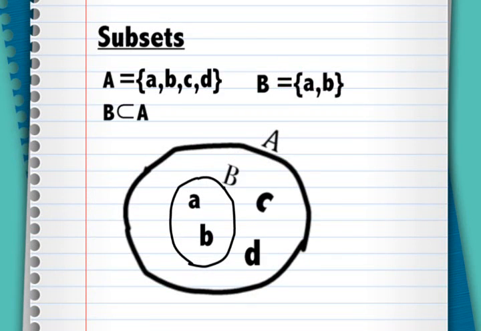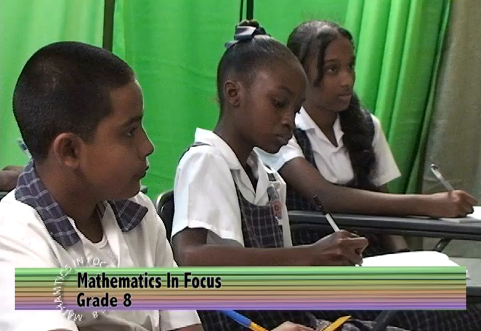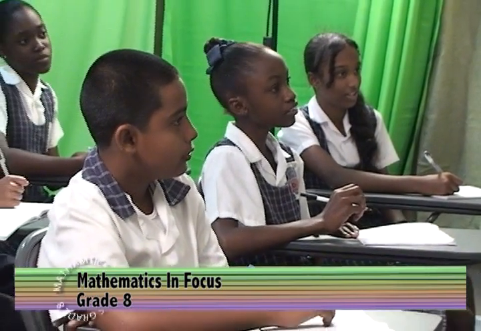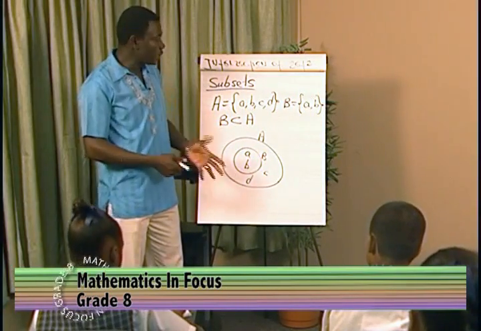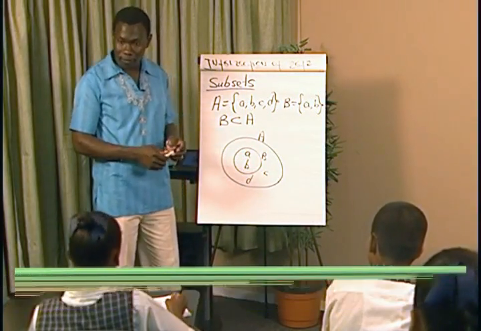Good. Now, do you agree that the intersection of A and B will be this set here? Yes, sir. The elements that are common, what elements are in B that are also in A?